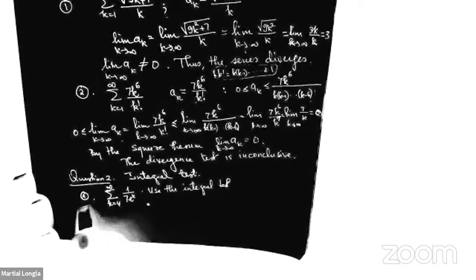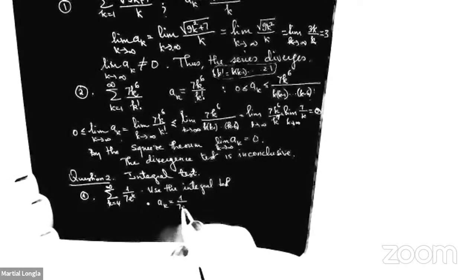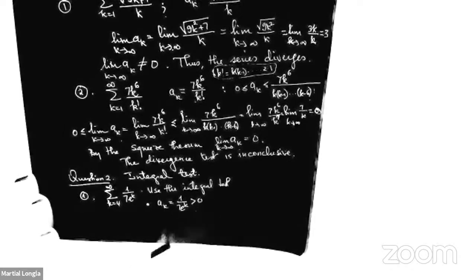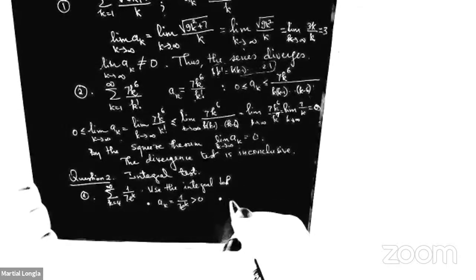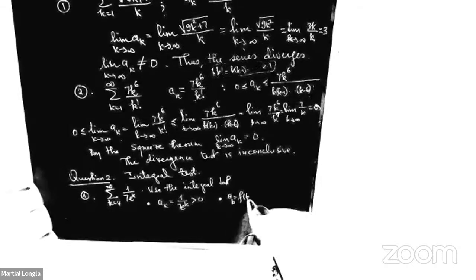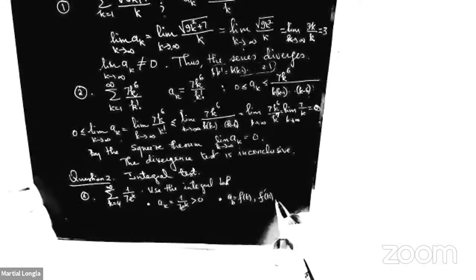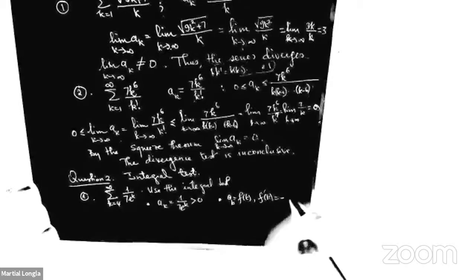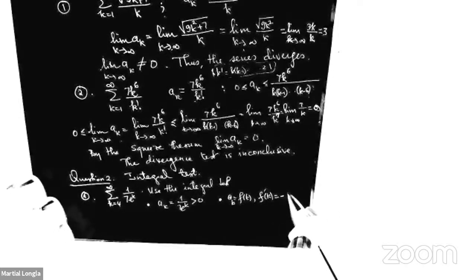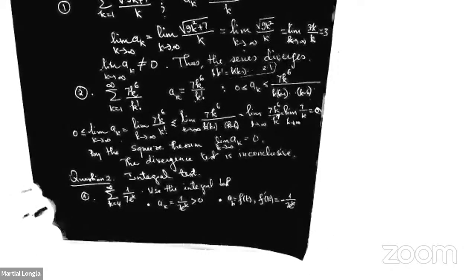So to use this, you're going to say, okay, a_k is 1 over 7 e to the k. This thing is positive. Then you find a_k is f of k, f prime of k equals the derivative of this function, which is minus 1 over 7 e to the k.